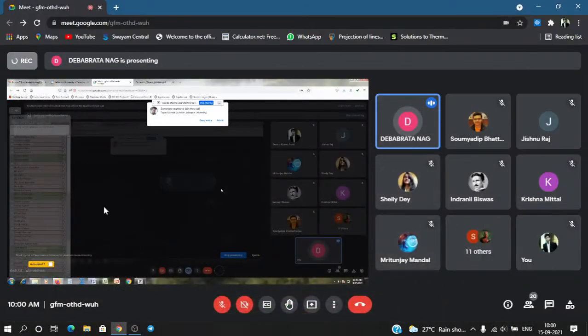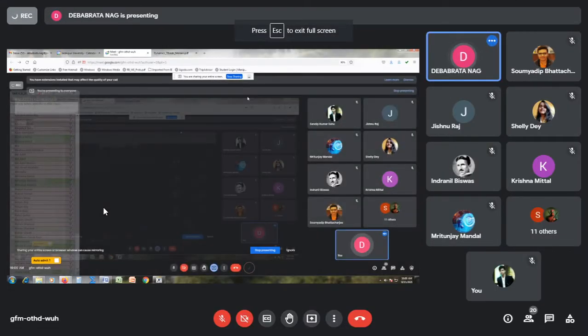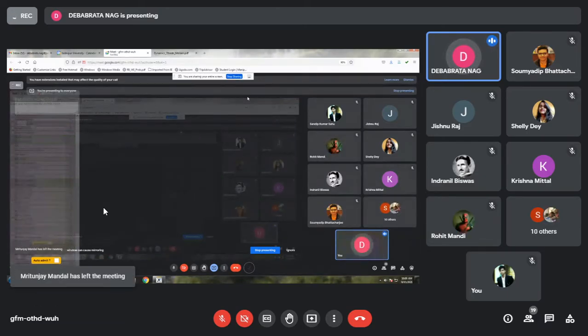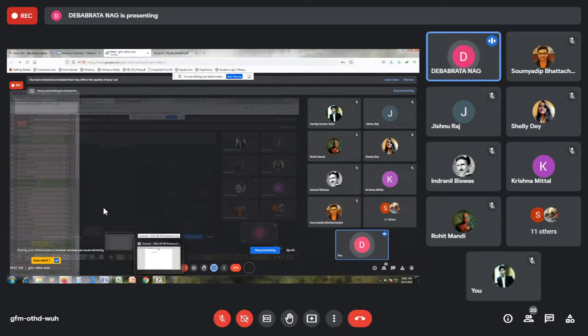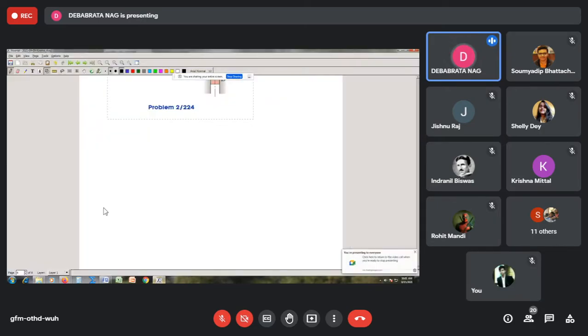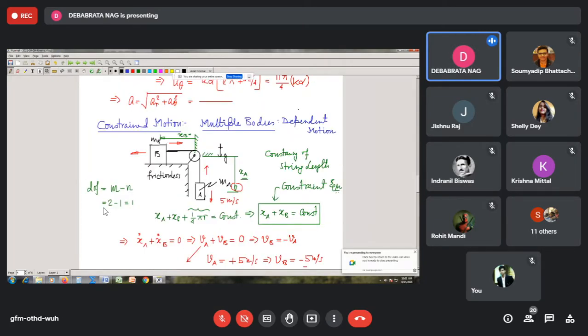So in our last class, we have been talking about the constraint motion, and we considered a few examples to show you how the constancy of the string length theorem can be applied to find the constraint motion of multiple bodies.